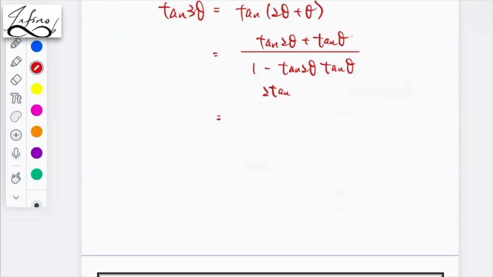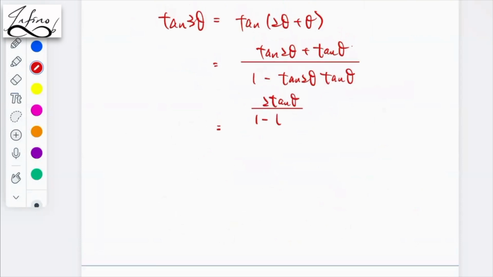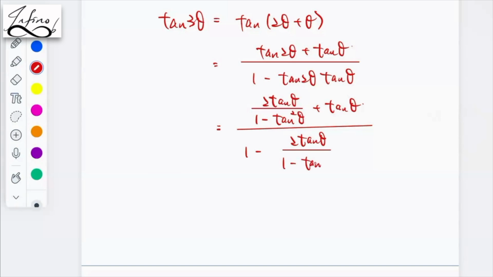So we have 2 tangent theta over 1 minus tangent square theta, plus tangent theta, over 1 minus 2 tangent theta over 1 minus tangent square theta, times tangent theta.